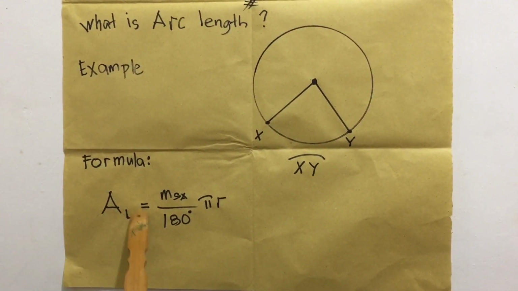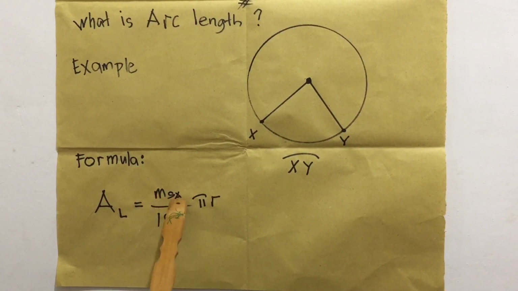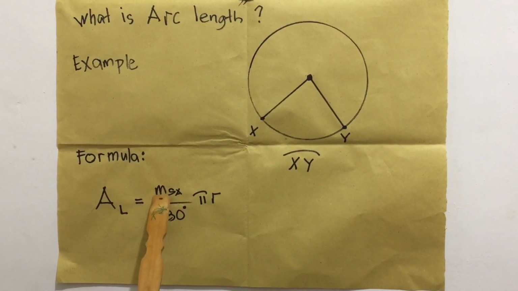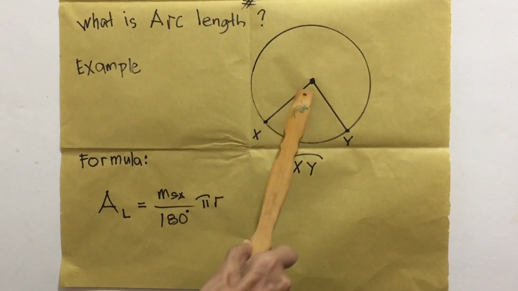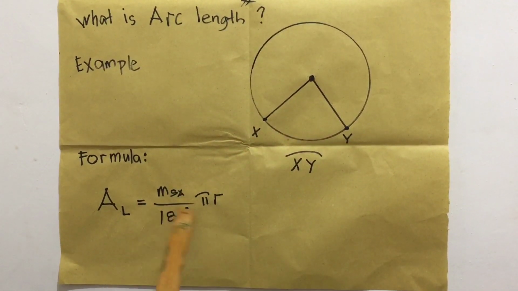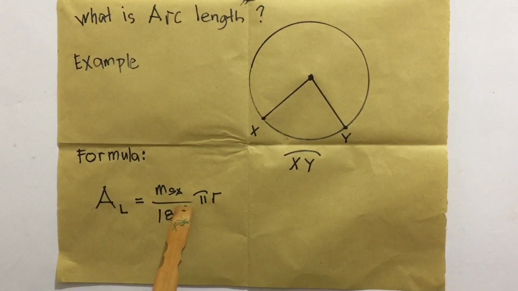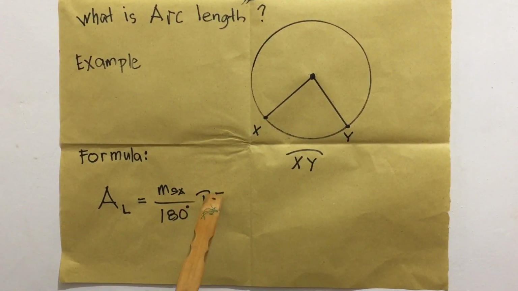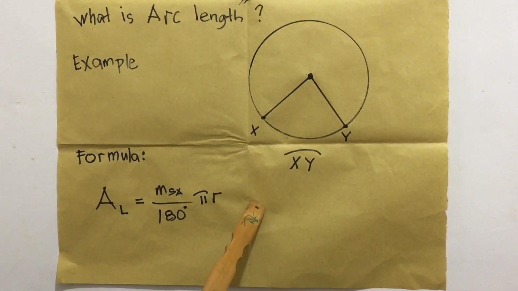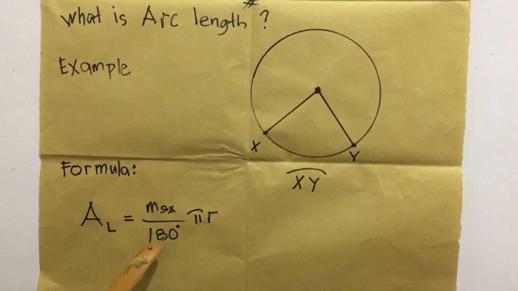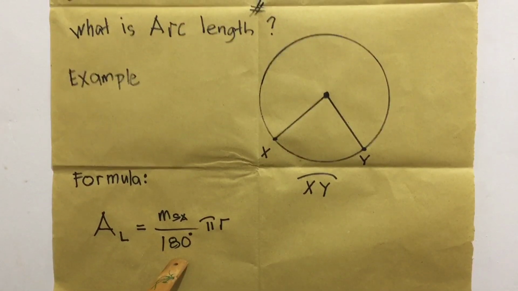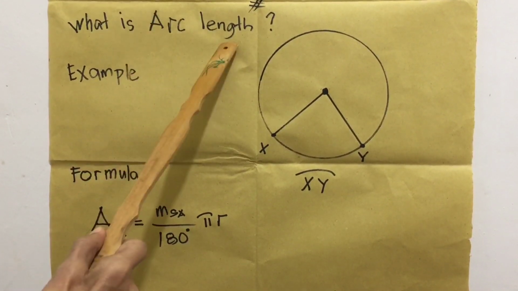Arc length equals MSE, measure of subtended angle, or the so-called central angle, over 180 degrees times pi times the radius.